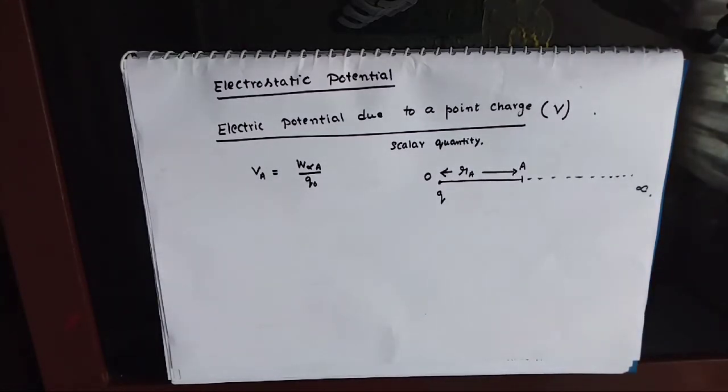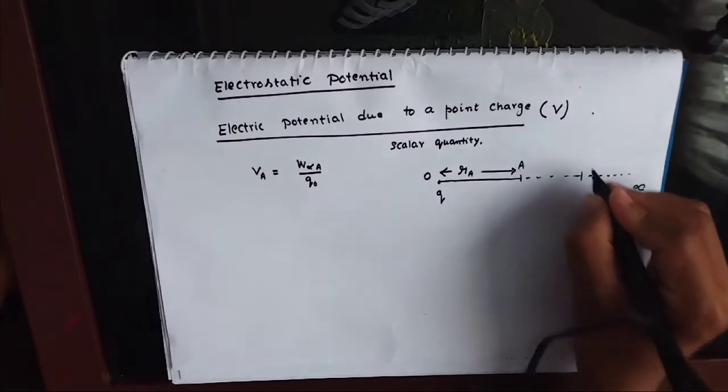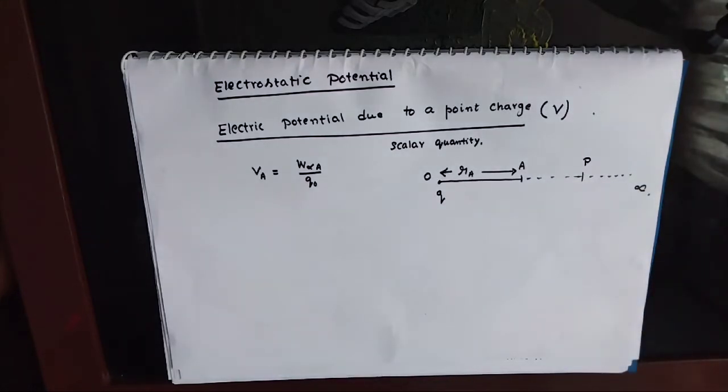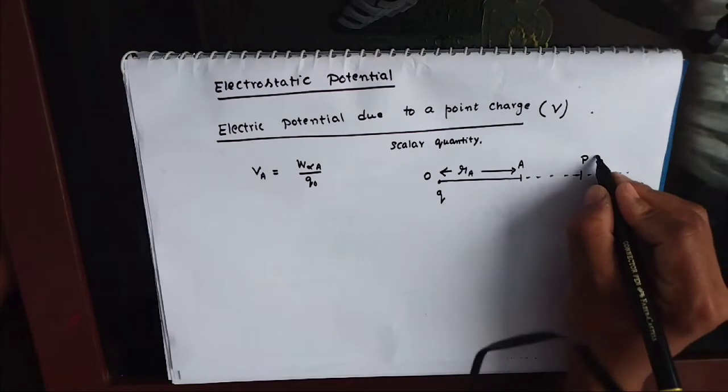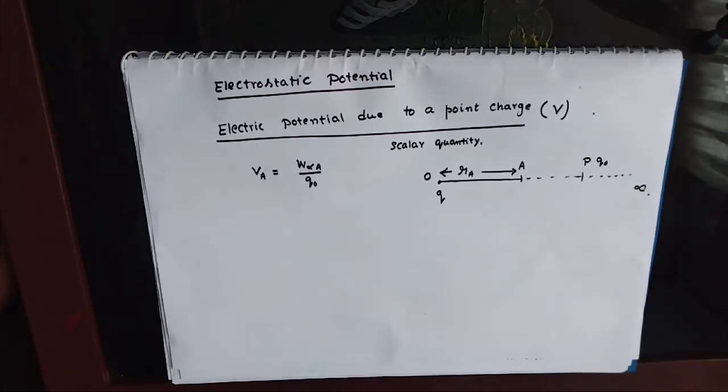Now, let the test charge Q naught be at P at any instant. Suppose somewhere here there is a point P. Then the charge Q naught is somewhere here at this point P at any instant.